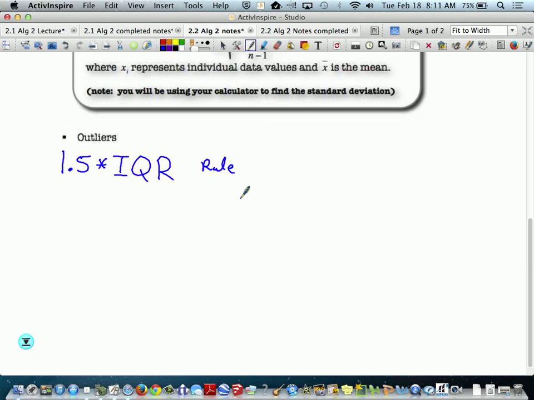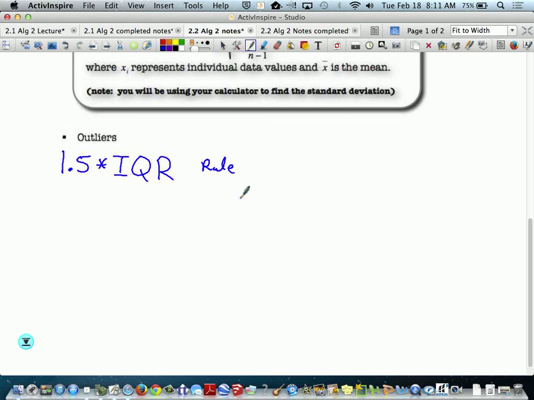To determine an outlier, we are going to use a 1.5 times the IQR rule. People will determine how to find an outlier in different ways at times. So you may go off to college one day and take a statistics course and you'll find that they use different rules. So this is a pretty simplistic way of calculating an outlier. So 1.5 times the IQR.